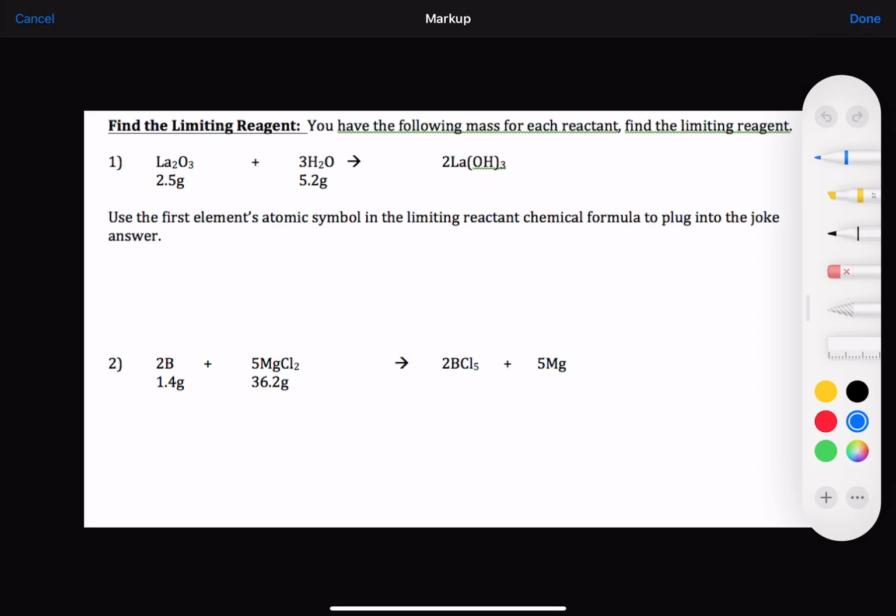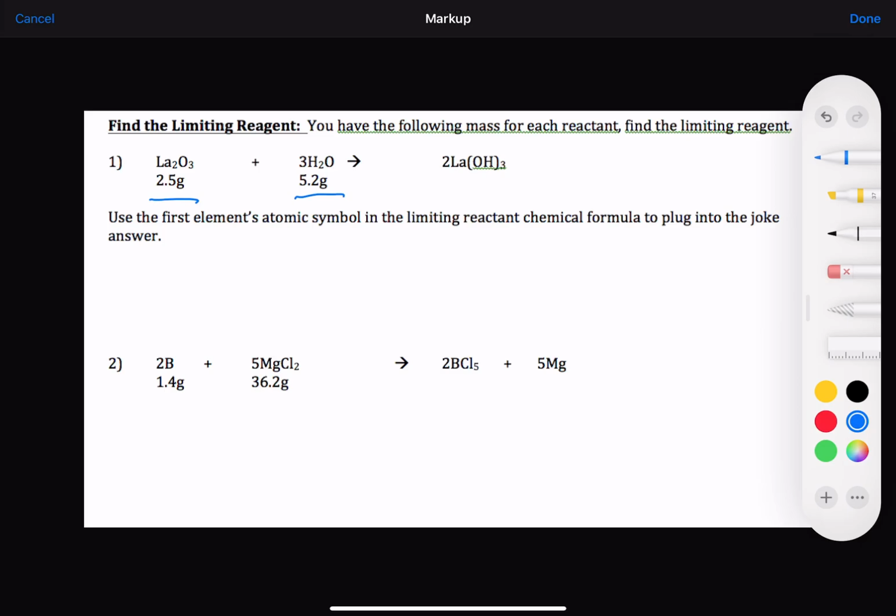The limiting reagent or limiting reactant is the compound, one of the reactants, either water or lithium oxide, that you don't have an abundance of. It's kind of like when we looked at s'mores as an example 2 weeks ago.